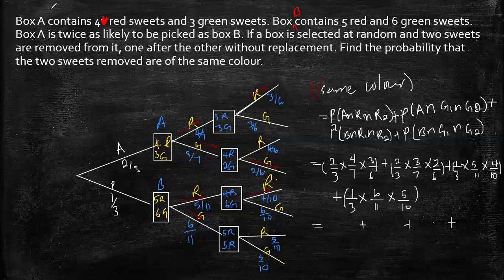Teacher, the first bracket is 24 out of 126. And then the second bracket is 12 out of 126. The third bracket is 20 out of 330.